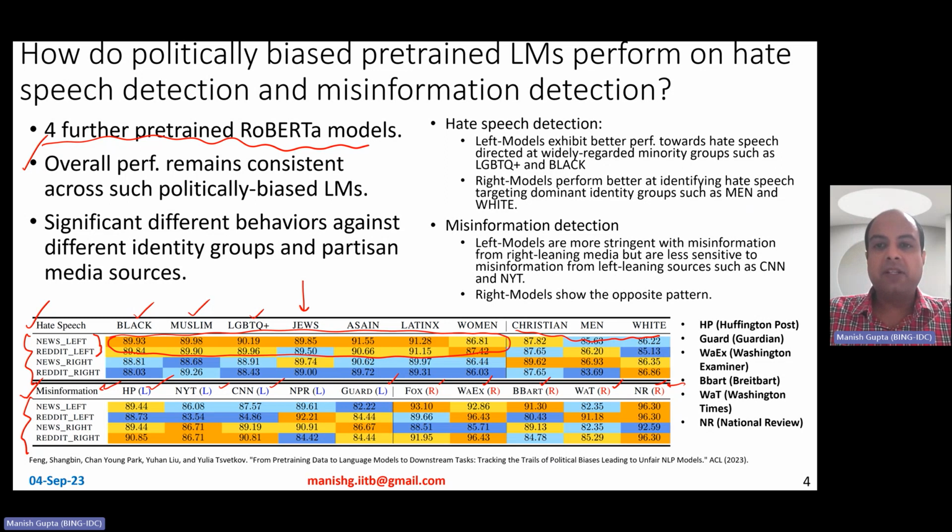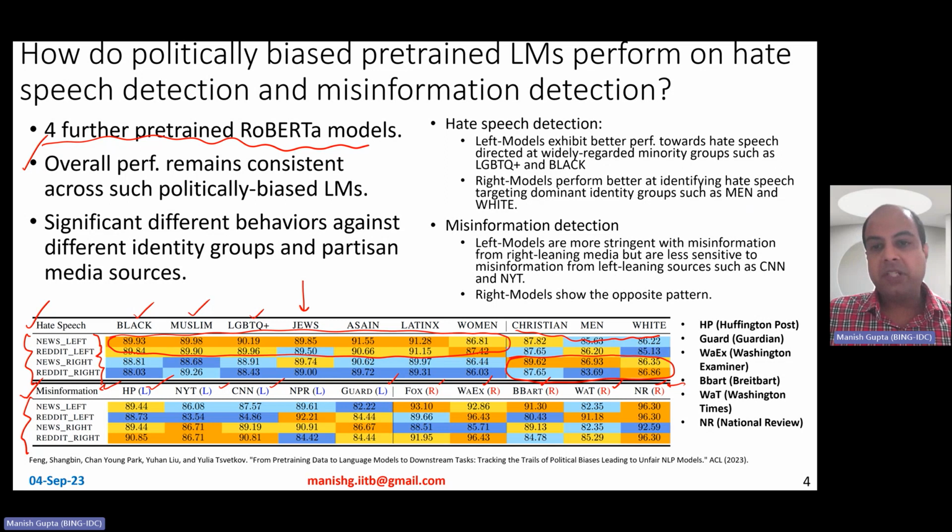So you see left models exhibit better performance towards hate speech directed at widely regarded minority groups, right? While if you look at right-aligned models, or models with right inclinations, you basically observe them doing better in this part of the matrix, which is about identity groups such as men or white, right?